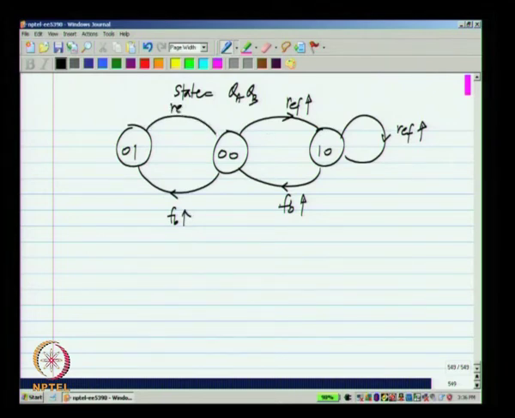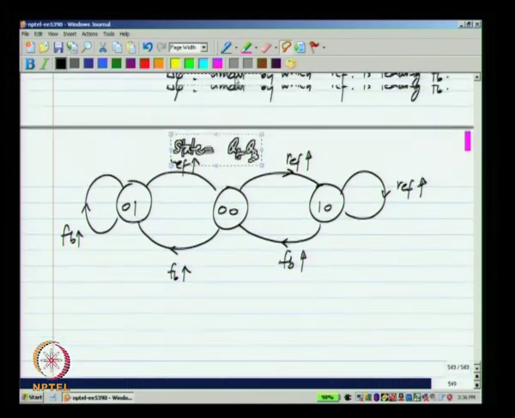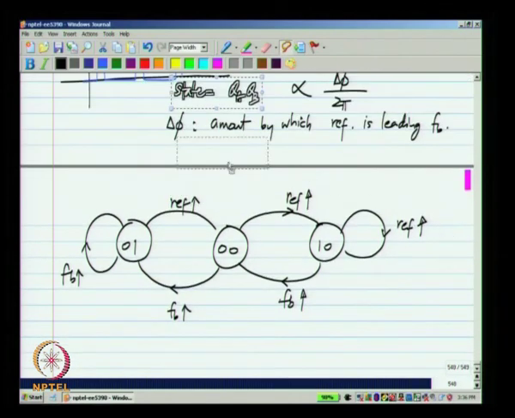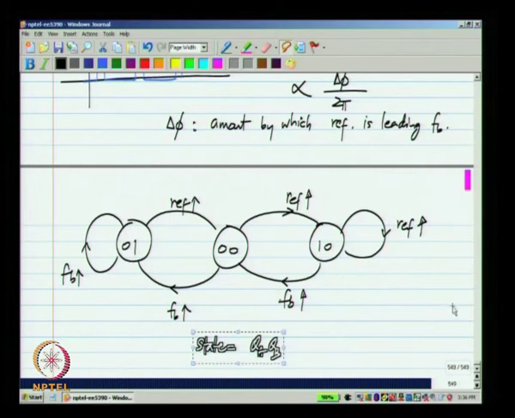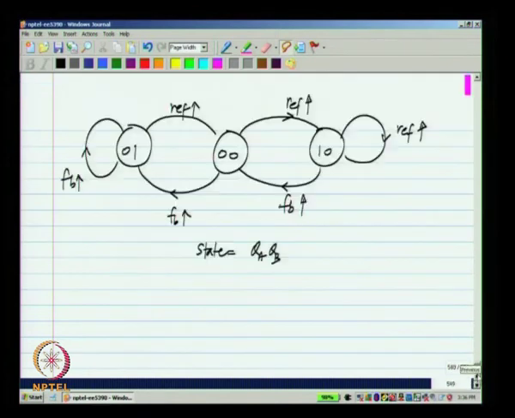If you get a rising edge of the reference, you will go back to 0 0, and if you get a rising edge of the feedback, it will stay at 0 1. So, if reference is leading feedback, it will go between these two states, and if reference is lagging feedback, it will go between these two states.